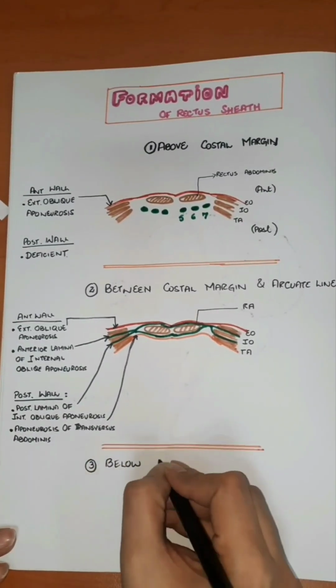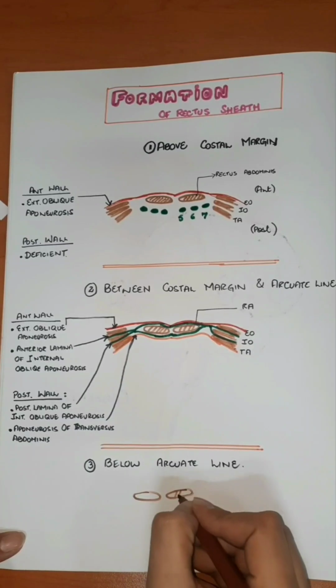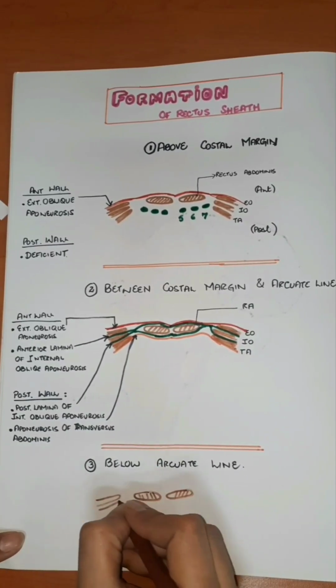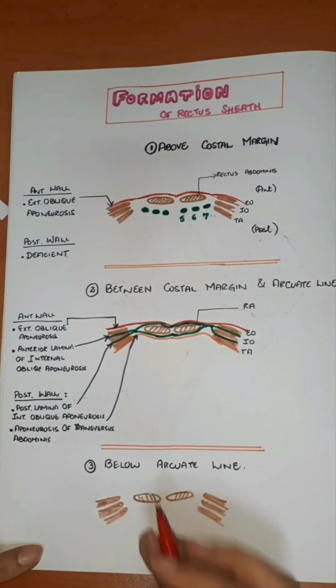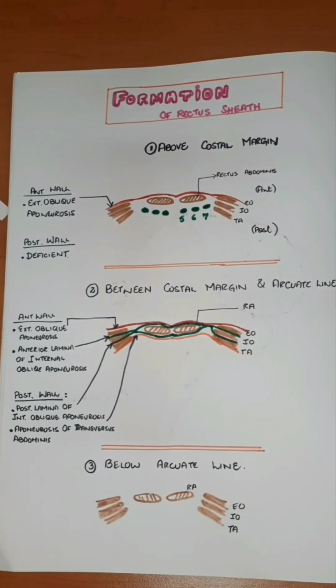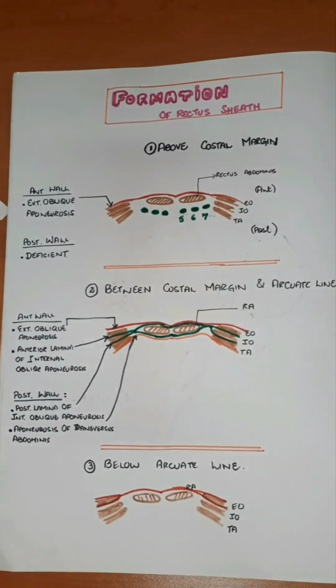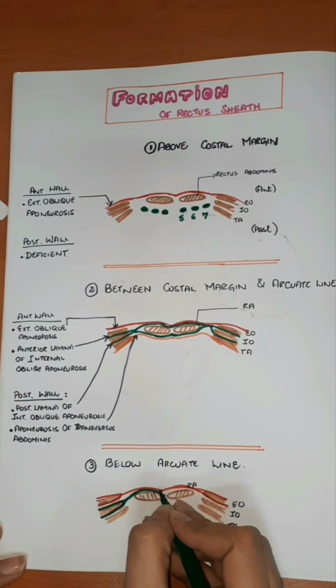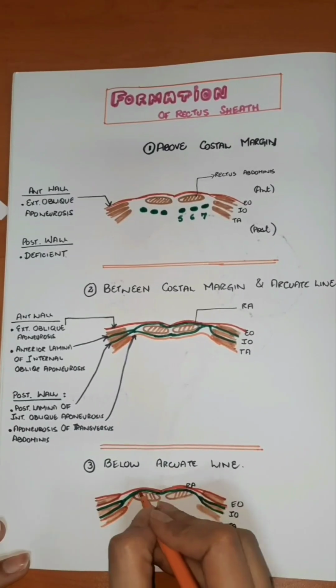Below the level of the arcuate line, rectus sheath is present only on the anterior side of the rectus abdominis muscle and posteriorly it is deficient. So here the rectus abdominis muscle is covered by the rectus sheath which is contributed by the aponeurosis of all the three muscles including external oblique, internal oblique and transversus abdominis.